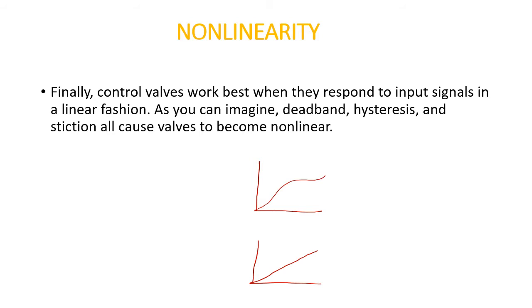So this is the valve output, and this is the input, or the output of the controller. So even if we are giving a linear input, the output is non-linear. And the reasons are deadband, hysteresis, Stiction. These are the causes that contribute to the non-linearity, added to the process condition and the inherent non-linearity of the valve.